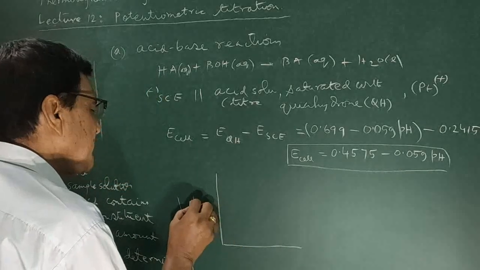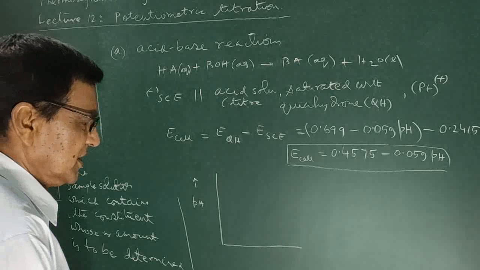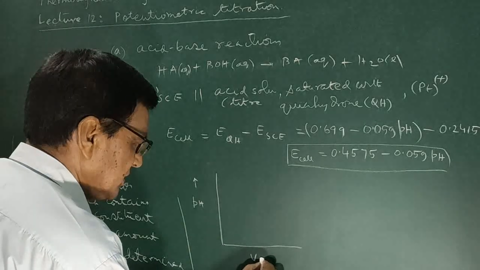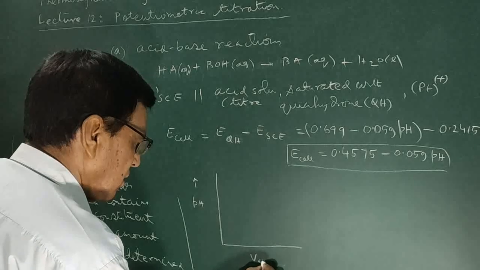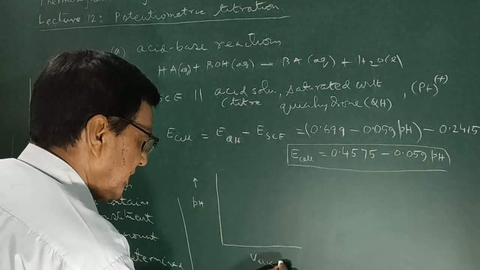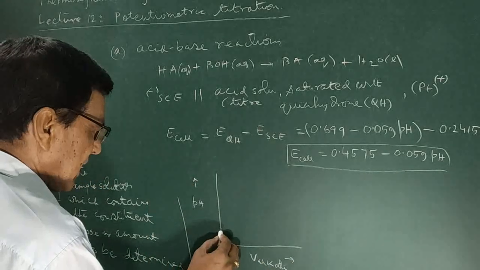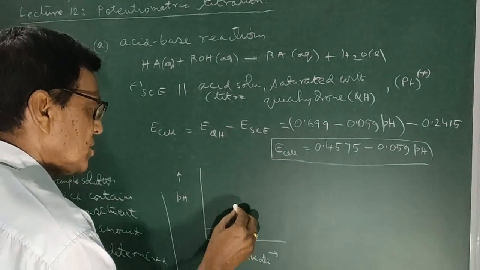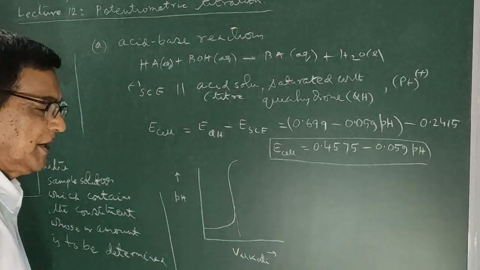Here it is the pH of this solution, and here the volume of this alkali or titrant. This curve will be like this, and this is the end point.